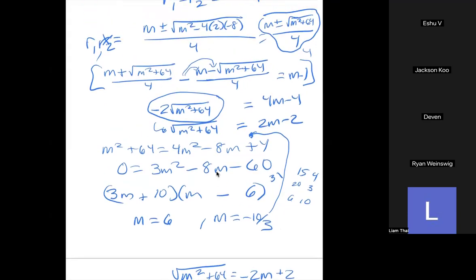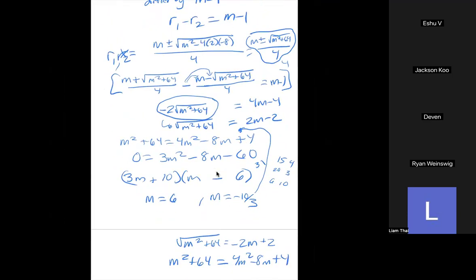I would instead check in the original and see, does this make the statement true? Like if I put in 6 for m and find both roots, do they differ by 6 minus 1? Same with -10/3. If I put it in for m and find the roots, do they indeed differ by -10/3 minus 1? Oh, I see.